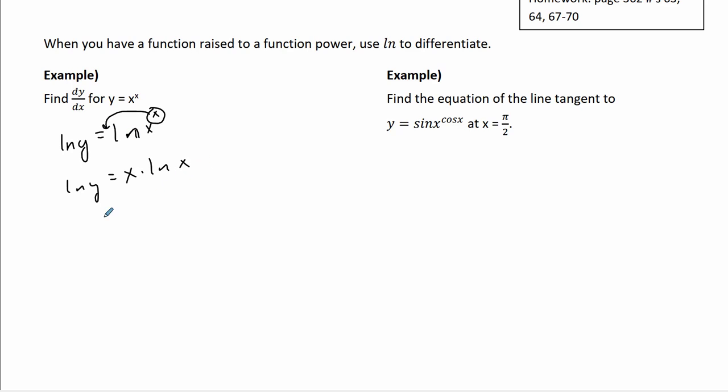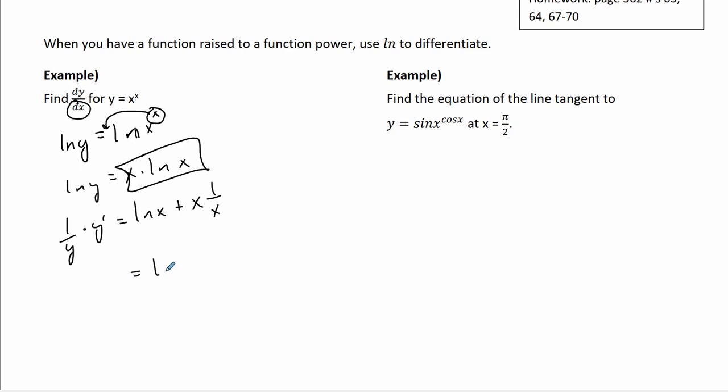So now I take the derivative. The derivative of this is 1 over y times y prime, because I'm taking the derivative with respect to x, right? And in this case, this is a product rule. So product rule is just 1 times this plus the derivative of this times that. So x times 1 over x.